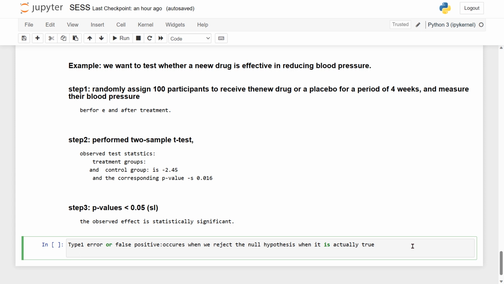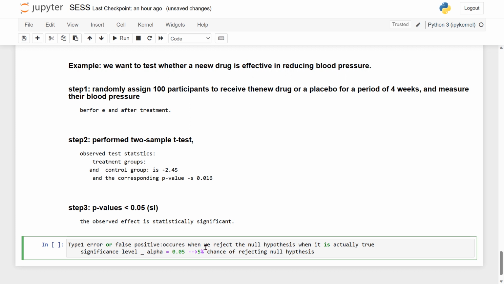Just now we have learned it's the significance level, correct? Significance level is nothing but alpha. So alpha we are taking 0.05. What did we say for alpha? Alpha is nothing but a 5% chance of rejecting the null hypothesis. Correct? Correct or not? Correct.